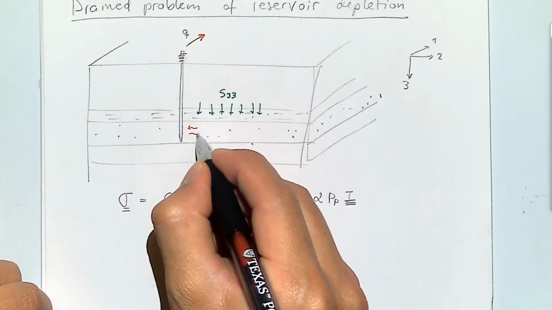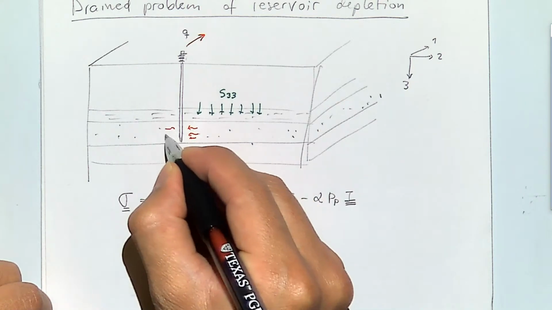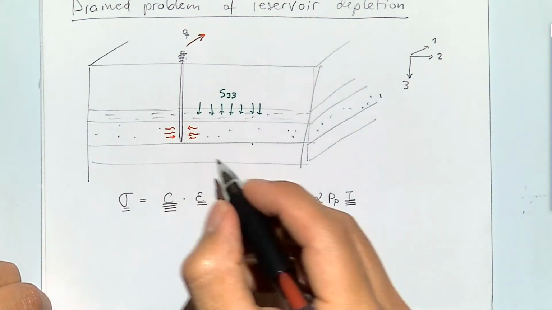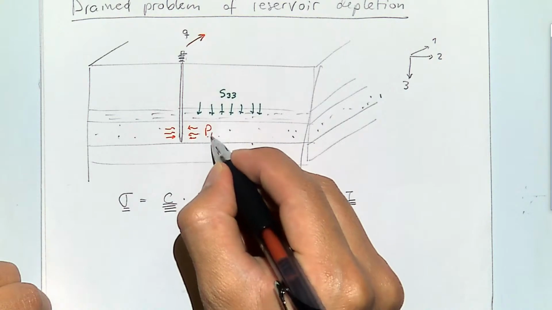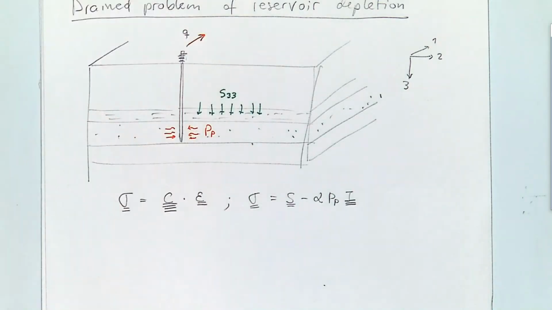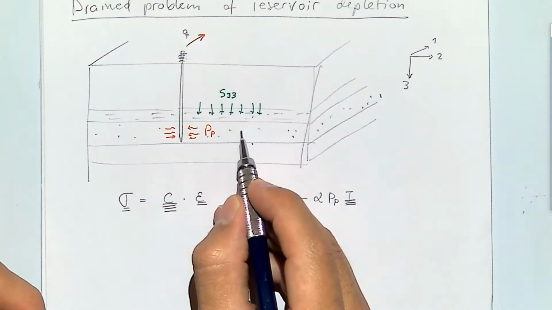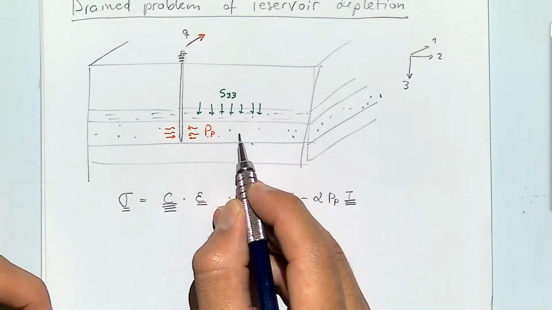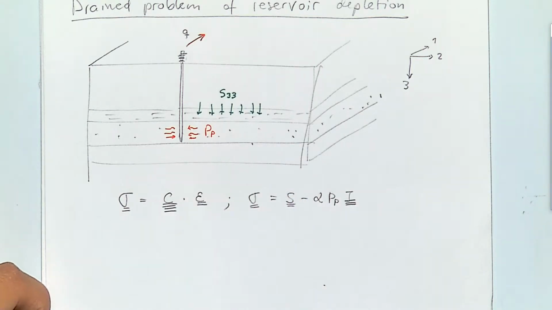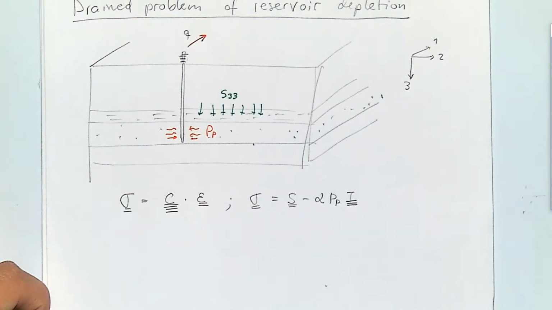So we have a flow rate that goes into here. We have a given pore pressure. What's going to happen with the rock? The effective stress will go up. Which one? The effective stress of the rock. Which, no, but which, in which direction?